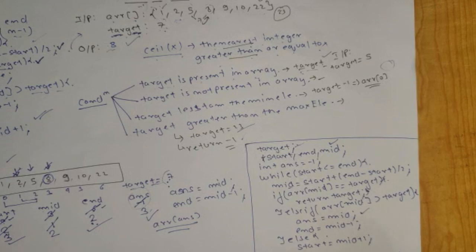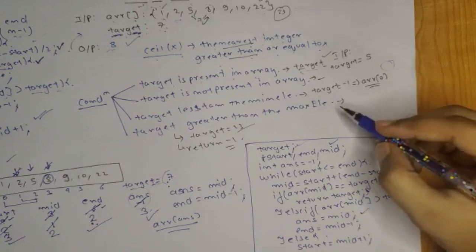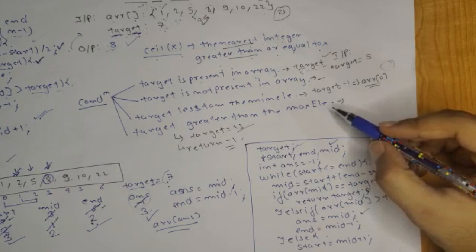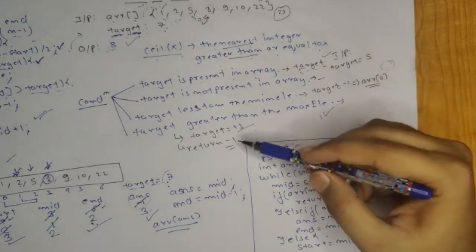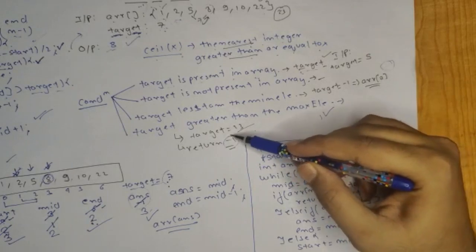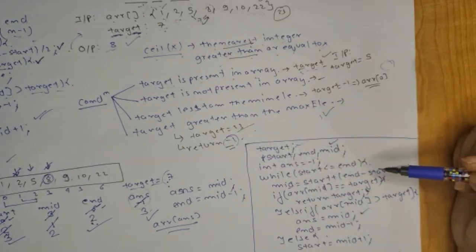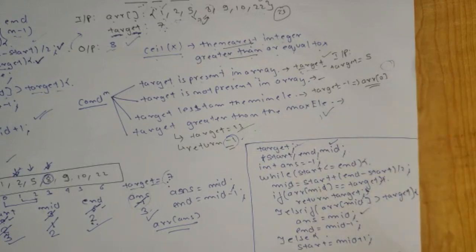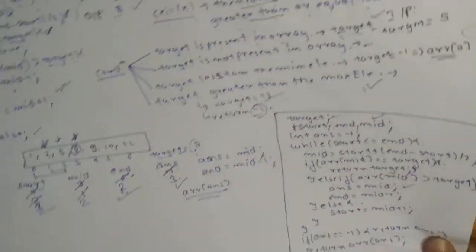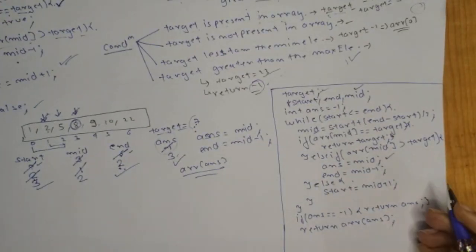Why did I do that? Suppose our target value is greater than the maximum element of the array. Then we will get -1 in the answer, because it will never be modified. We can't return array of -1, because array indexing starts from 0 and goes till n-1.